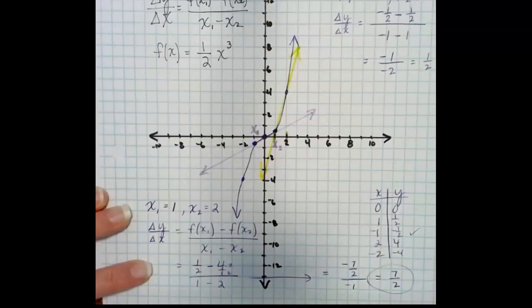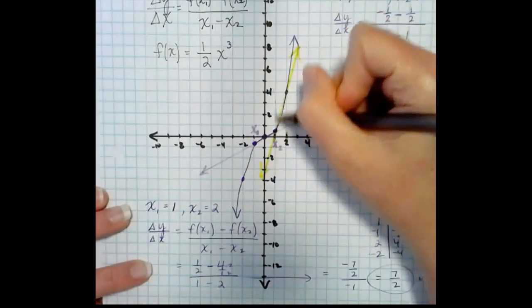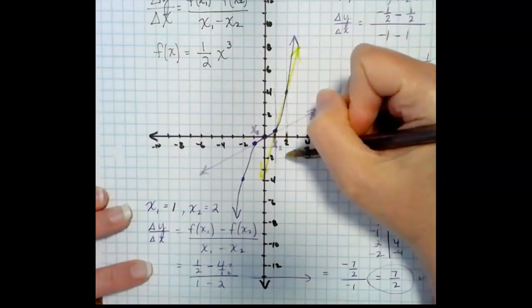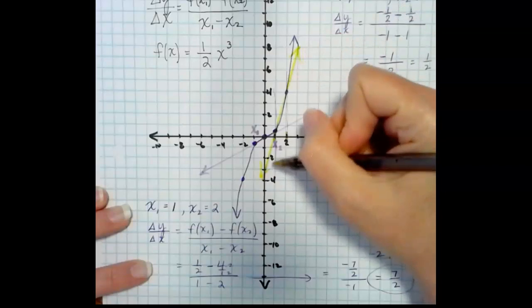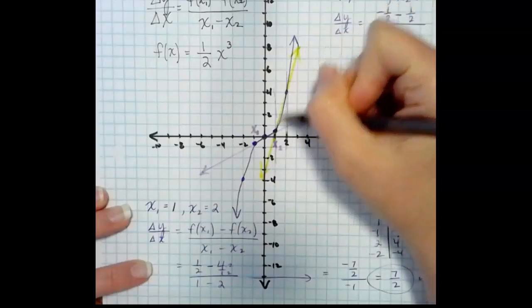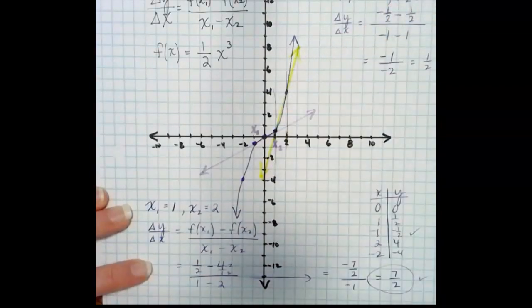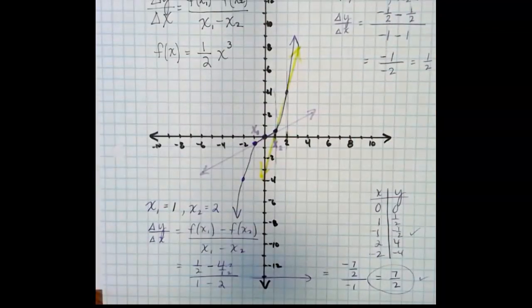So the average rate of change is substantially different in this slice of the domain. Much, much, much steeper. So the average rate of change, as I said, is a very general way for us to look at a function in its entirety at different slices of the domain as we go through the function.